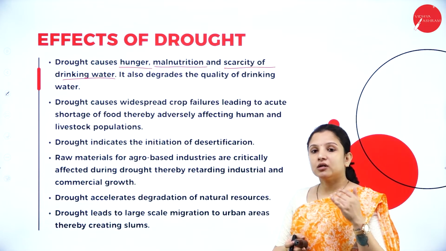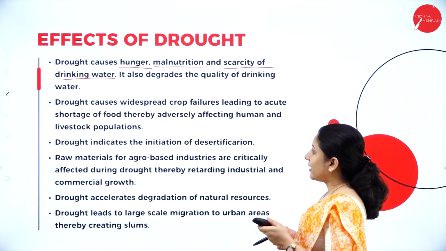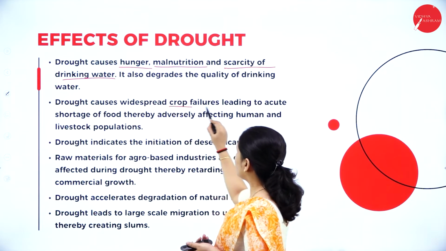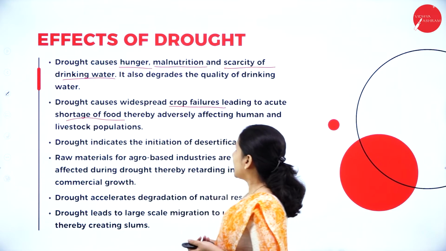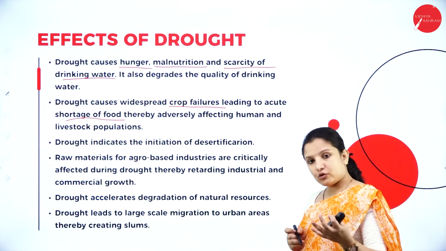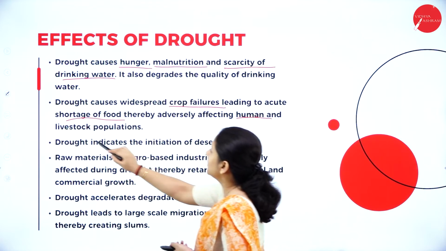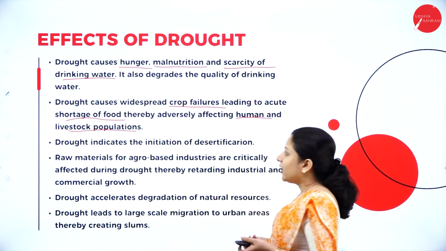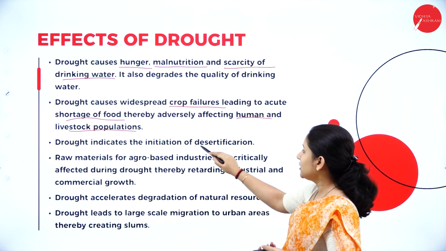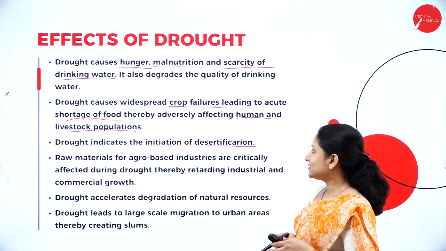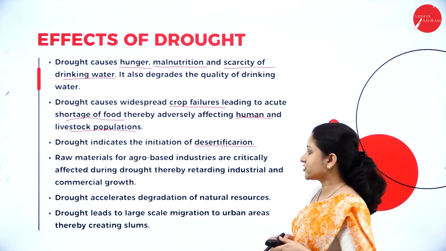It will make the water not suitable for drinking, and drought causes crop failure, leading to shortage of food, and therefore it will affect both the human as well as the livestock population. And drought over a period of time can also lead to desertification, and once desertification occurs, it is not possible to reverse the situation.